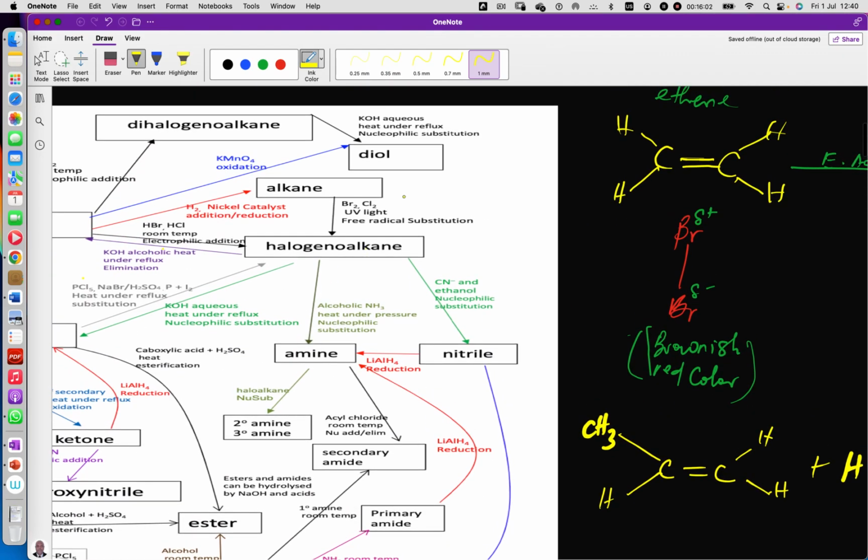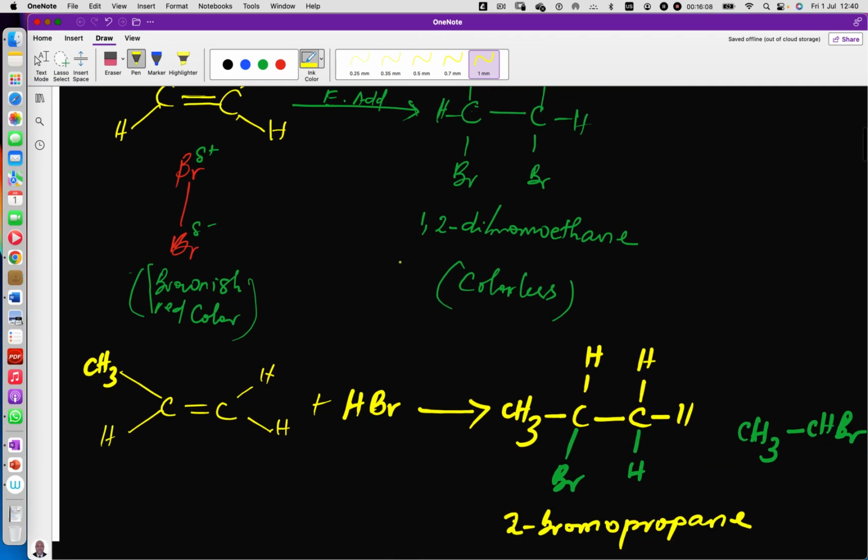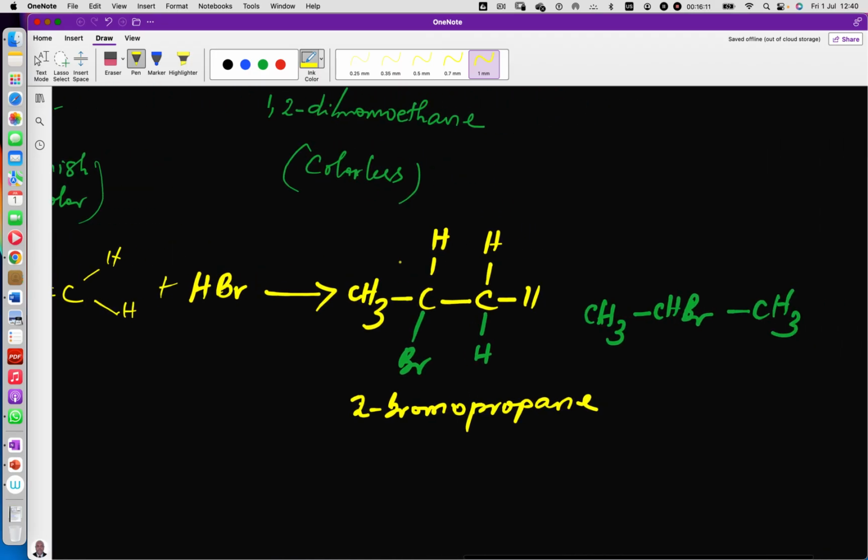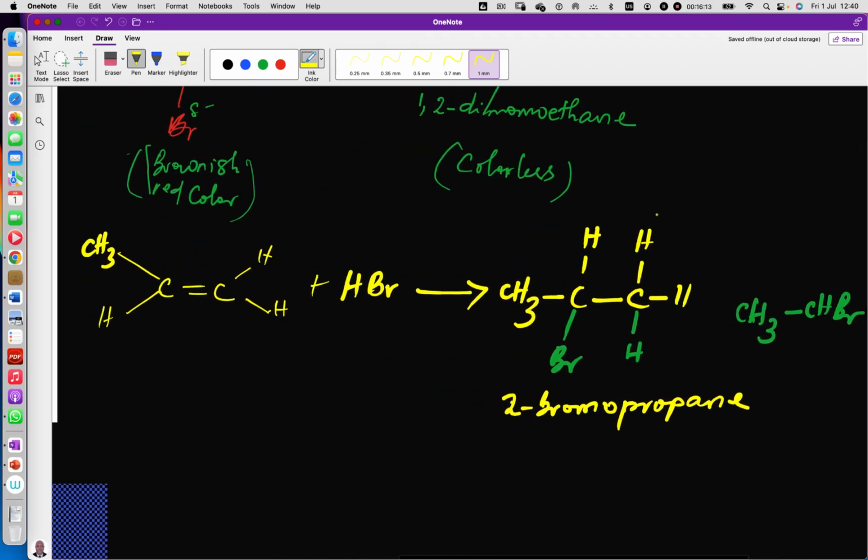That is why here it is mentioned halogenoalkane. This is a halogenoalkane that has been formed as a result of this.